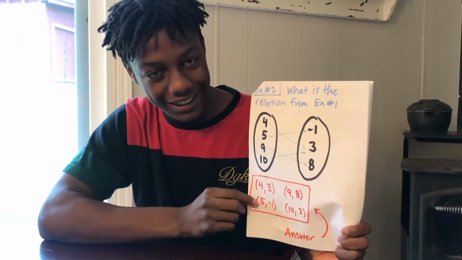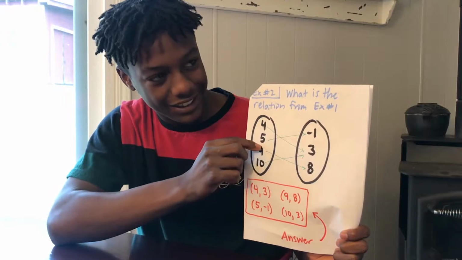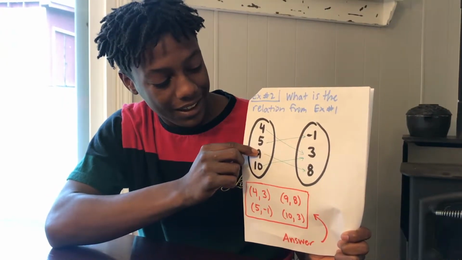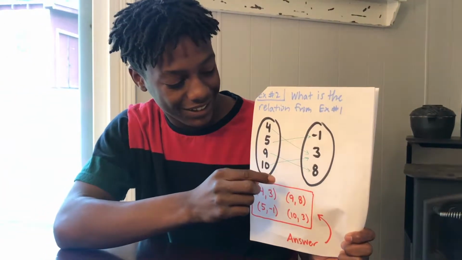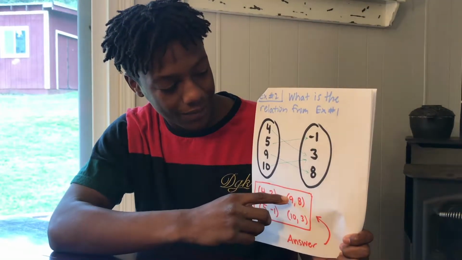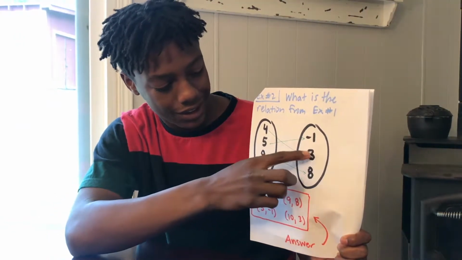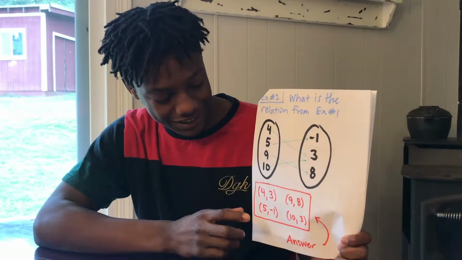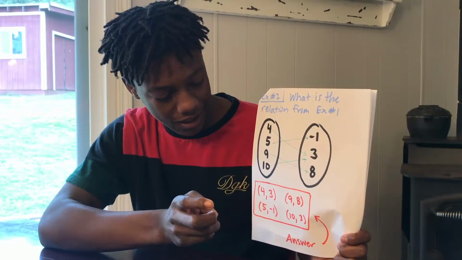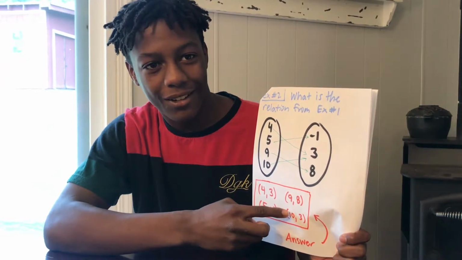And that's right there. And then there's 9, and that one goes to 8, and that's right there. And then there's 10, and that one also goes to 3, and that's right there. Now, back to Chris.